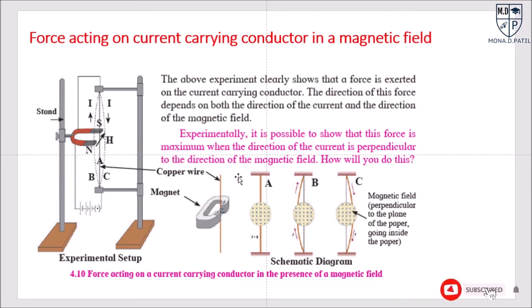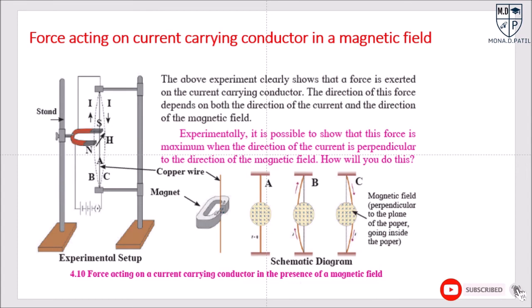So this force is exerted on the current carrying conductor. The direction of the force depends on both the direction of the current and the direction of the magnetic field. Here the schematic diagram shows how the loop is formed. The magnetic field is perpendicular to the plane of the paper, going inside the paper like this.